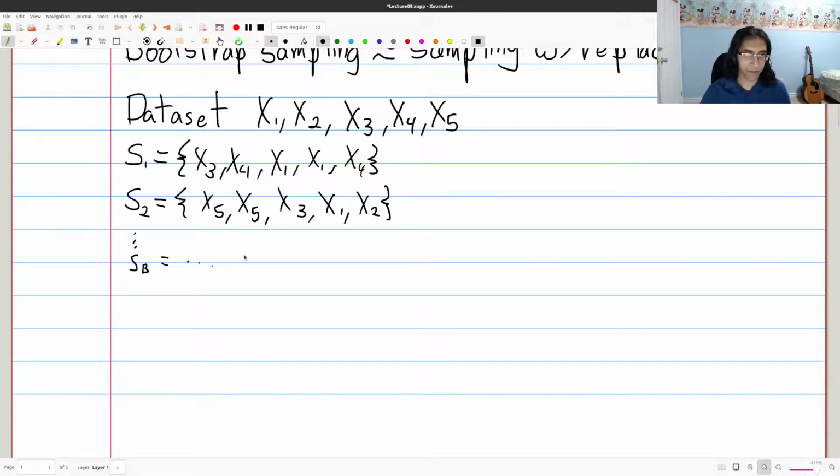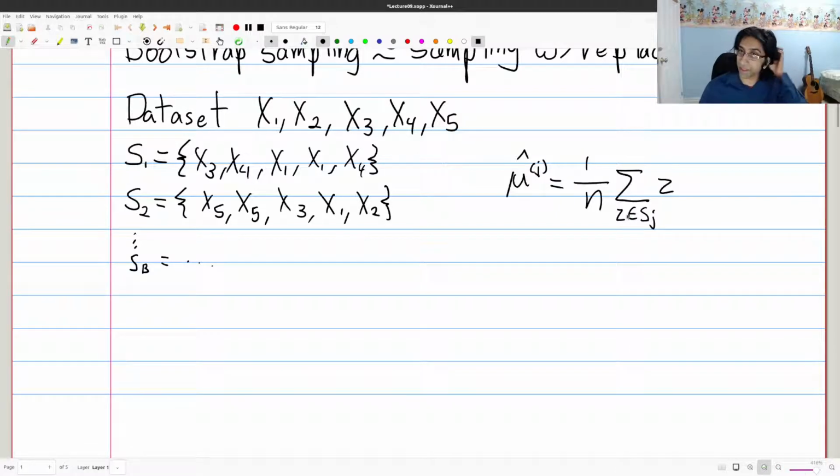Okay, so now we define things as we did before. Mu hat j is again equal to, this is exactly what I wrote above, 1 over n, summation of z in Sj of z.